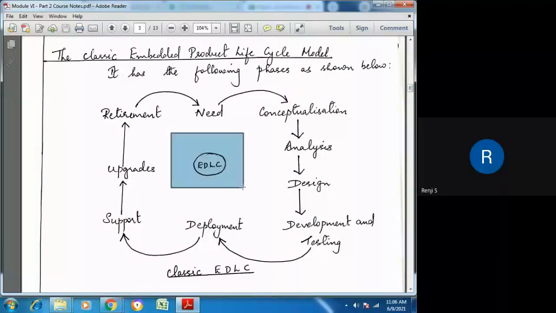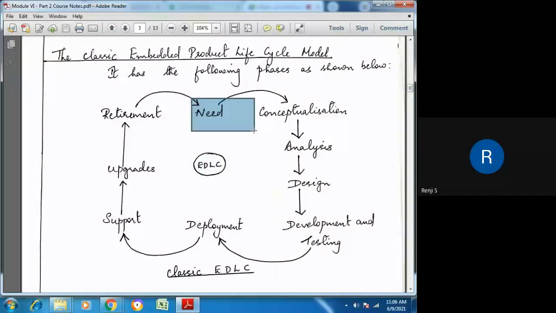This shows the life cycle of EDLC. Now let us start from the need phase. The first phase is the need phase. Then it goes to the conceptualization phase. After conceptualization comes analysis, then design. See, here also you can see before design there is an analysis, so it should be included, okay?